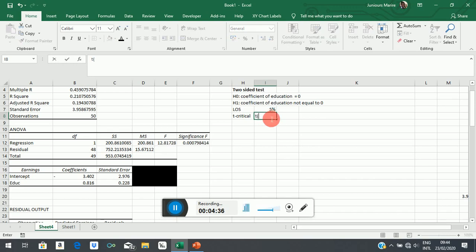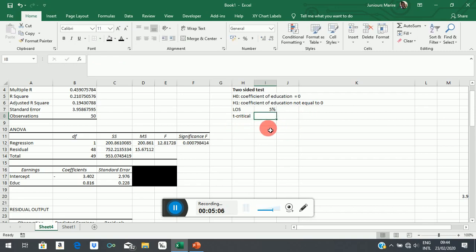It will have the degrees of freedom, which is your n minus 2 in this case, because we only have two estimated coefficients, and the alpha is 0.05. Okay, this number here will appear on the two sides of the distribution, the negative side and the positive side. So you can call it plus or minus if you like.